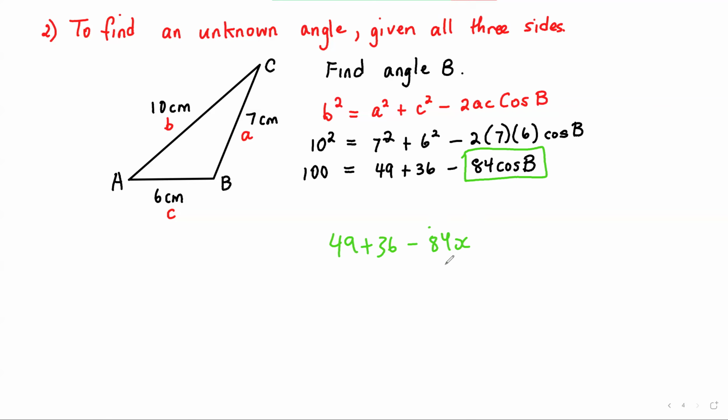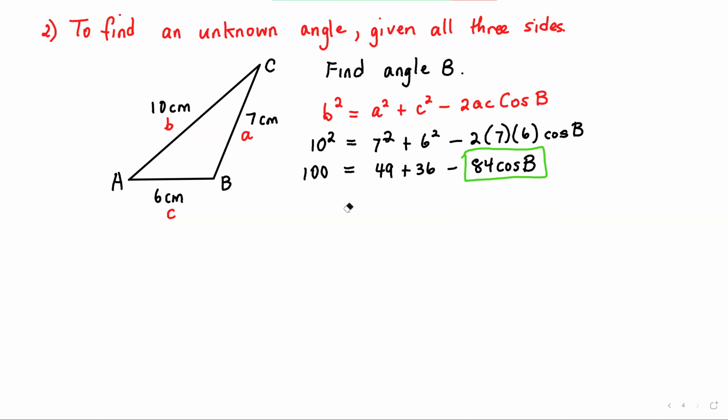You wouldn't take away this 84, right? Because it's the coefficient of x. It means 84 times x. So when you are simplifying this part of the question, you cannot minus 84 from this. 84 is not a constant. It is part of cos of B. It literally means 84 times cos of B.